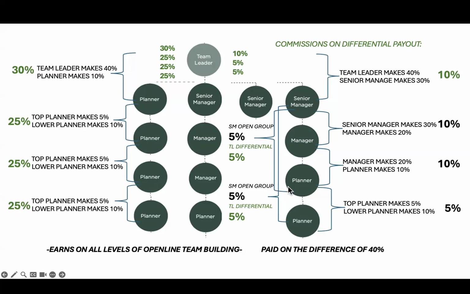This is where the SM open group 5% goes to the senior manager. So 5% on the third planner, 5% on the fourth planner, all goes to the senior manager as a 5% open group. But because 5% open group was paid out, there's an additional 5% left over on the differential. So that 5% leftover rolls up to the team leader.